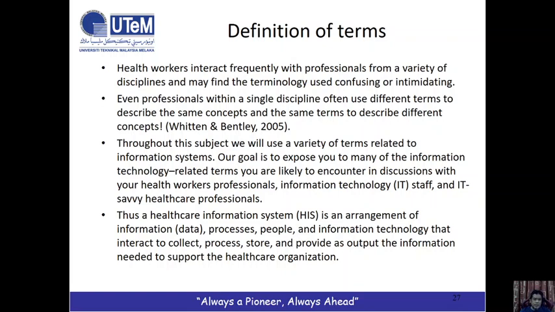Thus, a healthcare information system is an arrangement of information processes involving people and information technology that interact to process, to store, and to provide as output the information needed to support the healthcare organization.